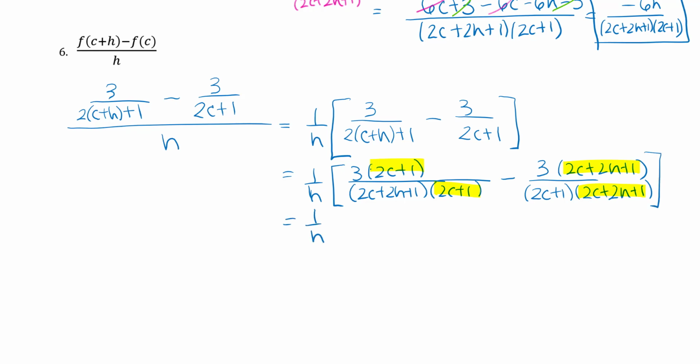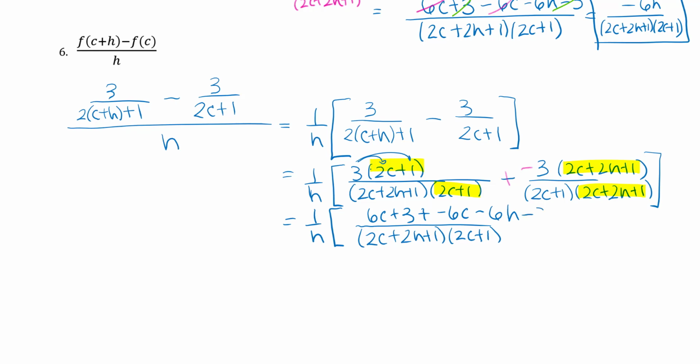This 1 over h that's out front, I'm not going to get rid of yet, but we're going to combine this into one fraction since I have the right common denominator here. Both fractions have the same denominator. This first fraction, when I distribute through the 3, I'll get 6c plus 3. On that second fraction, again I'm going to distribute through a negative 3, so I'll have plus negative 6c minus 6h minus 3.